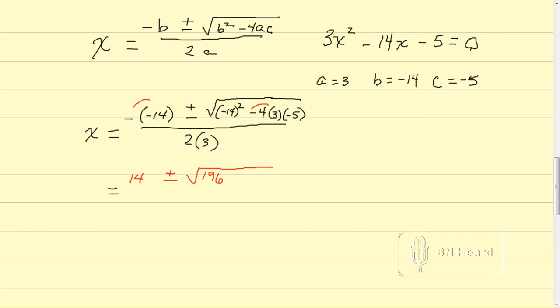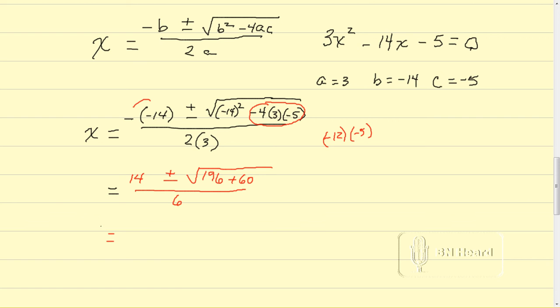Now here's another place you need to be careful. Negative 4 times 3 is negative 12. And then negative 12 times negative 5 is a positive 60. Okay? In the denominator, I have 2 times 3, which is 6.